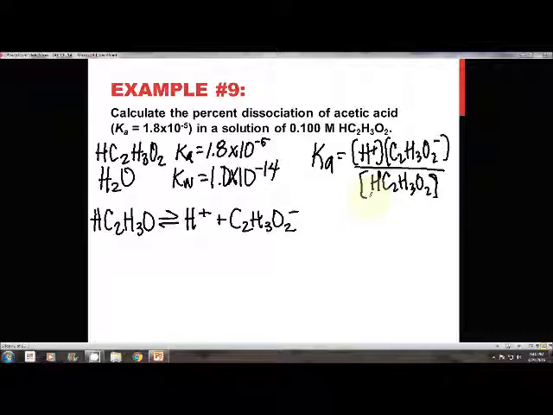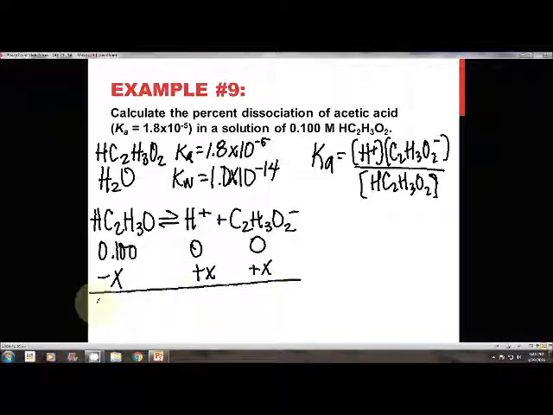So for our ICE chart, we have our molarity is 0.1, and we don't start with the ions. We're losing acid, gaining ions. So at equilibrium, there we go. All right, so we got to solve for H plus now. Or X technically, which is the H plus.